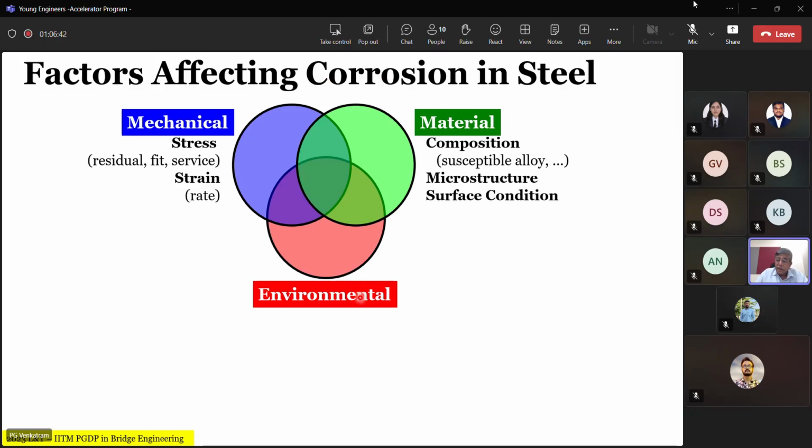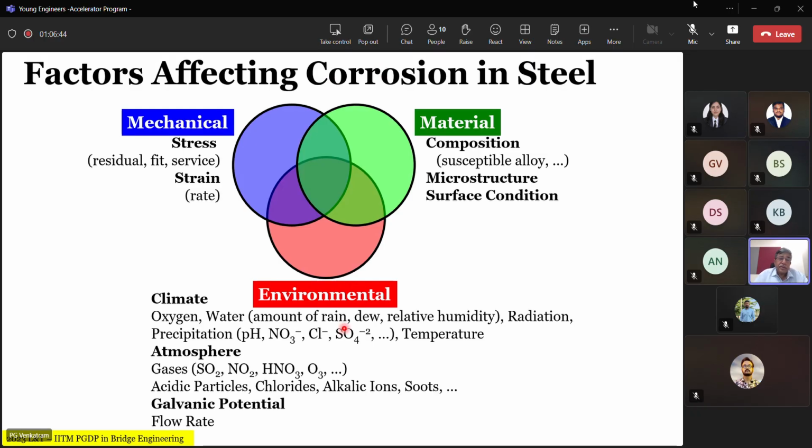And the last one is the environmental aspect, which means oxygen, water coming from rain, dew, relative humidity, radiation, and precipitation which may contain other ions such as nitrous ions and chloride ions, because of the presence of other gases in the atmosphere which might come down onto the metal due to the rain.